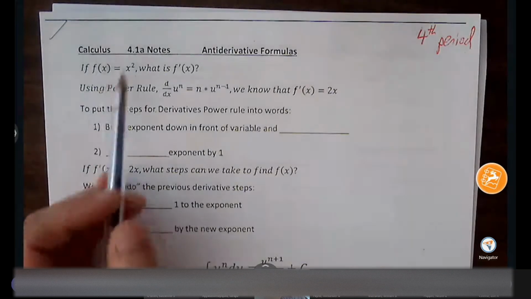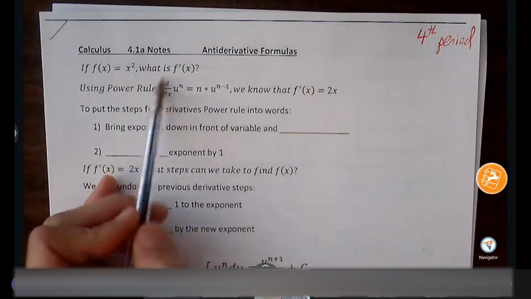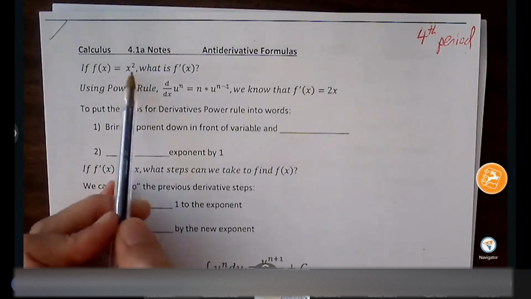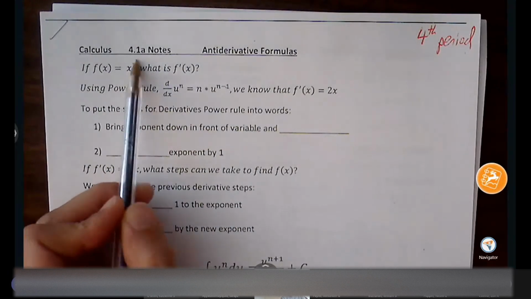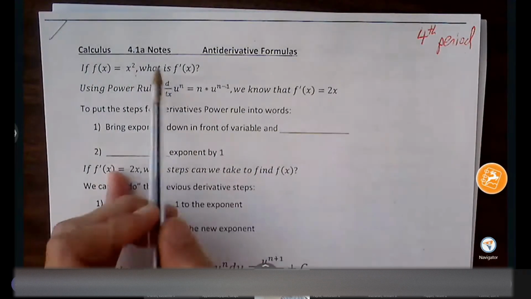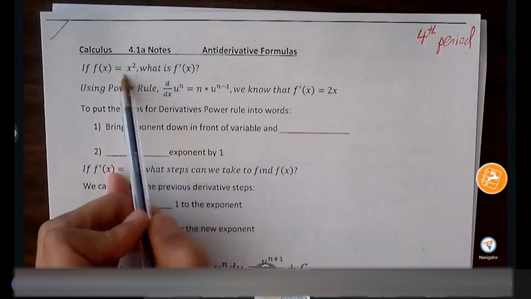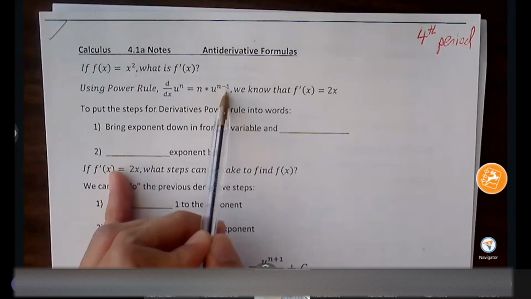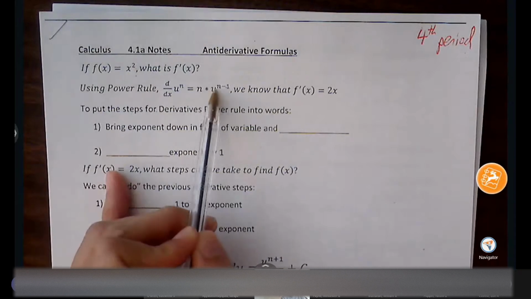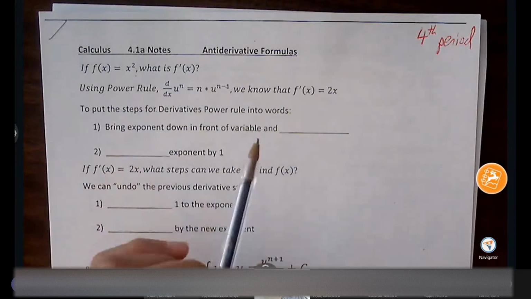So let's talk about power rule from first semester. For power rule, let's say we have x squared, right? The derivative for x squared, you would say, is just 2x. And the way you did that was you brought the exponent down in front, and then you subtracted 1 from the exponent. The 2 came down, and then 2 minus 1 becomes 1, so you're left with just 2x.